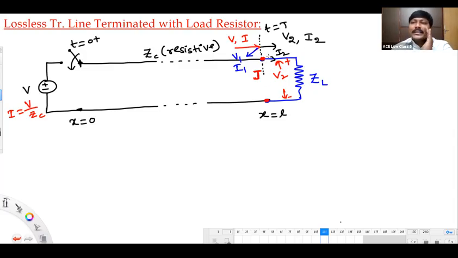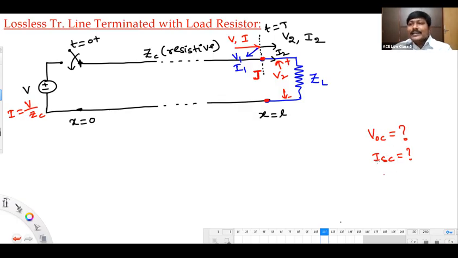Thevenin voltage means the open circuit voltage, which I have to calculate with respect to the junction. How do we find the Thevenin impedance? Find the Norton current, or you can say the short circuit current. After getting the short circuit current, the ratio between VOC and ISC will give you the Thevenin impedance.